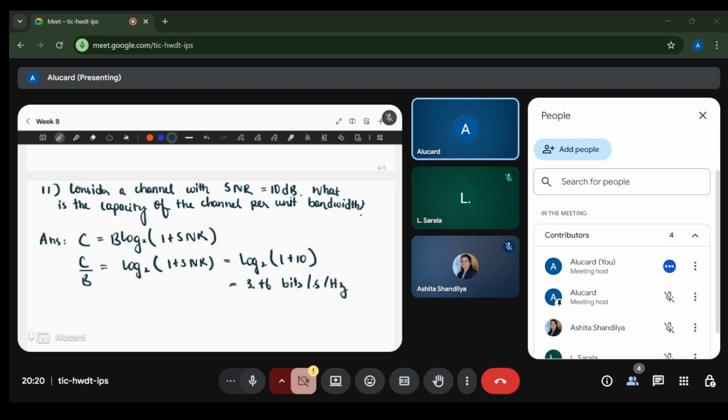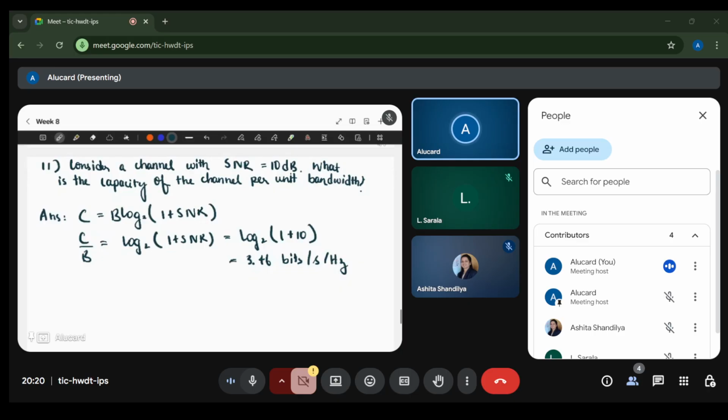Okay, I'm sure you can change the numbers and solve your assignment question.